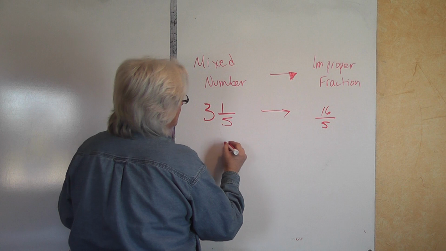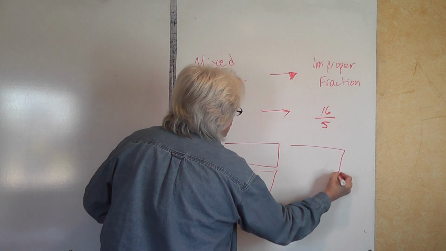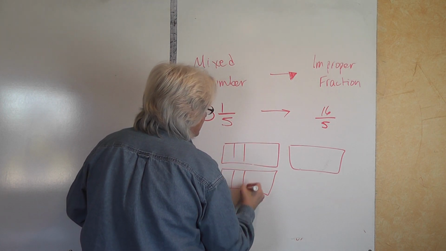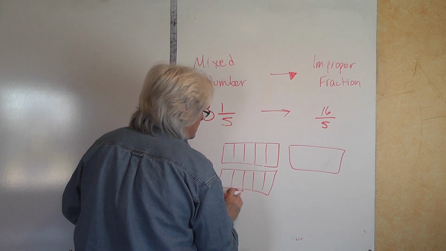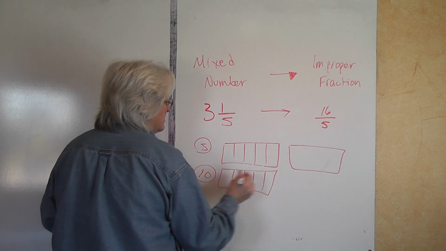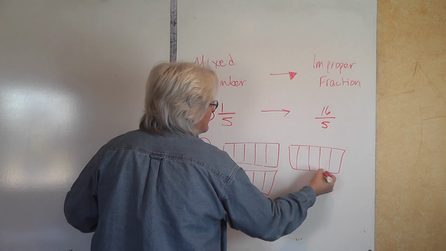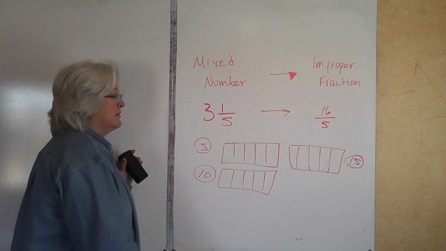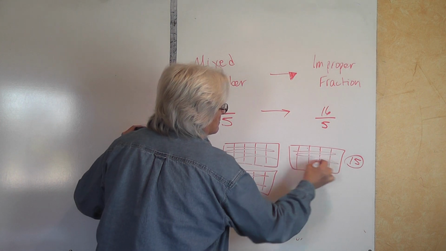First off, let me write 3 boxes here, and each one of these has 5 pieces in it. So we have 5 pieces there, plus 5 is 10, plus another 2, 3, 4, 5, plus another set of 5 gives us 15.